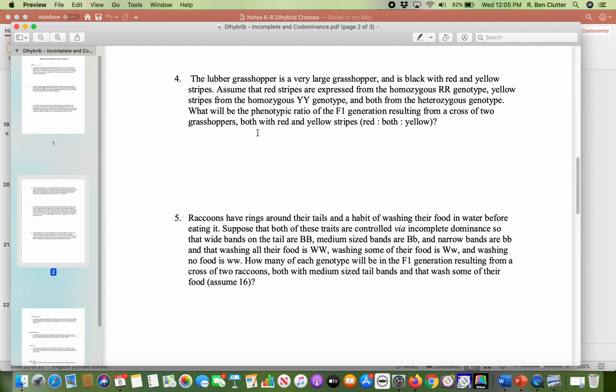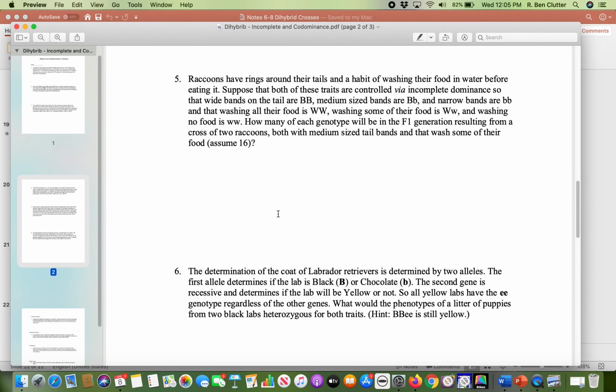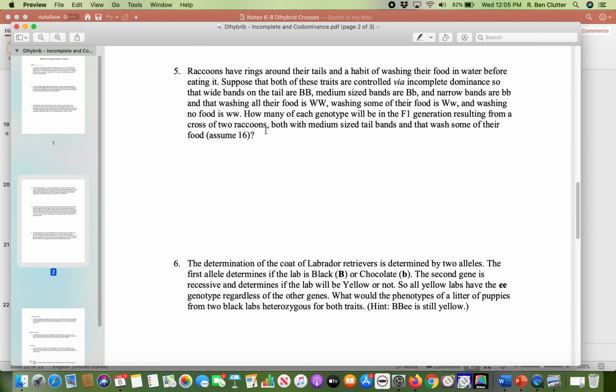Number 4 is an incomplete dominance one. I kind of want you to do that just because it goes back to what we'd been talking about previously. All right, number 5, I'm going to tell you what the answer is before you even begin. It is a 1 to 2 to 1 to 2 to 4 to 2 to 1 to 2 to 1 ratio.